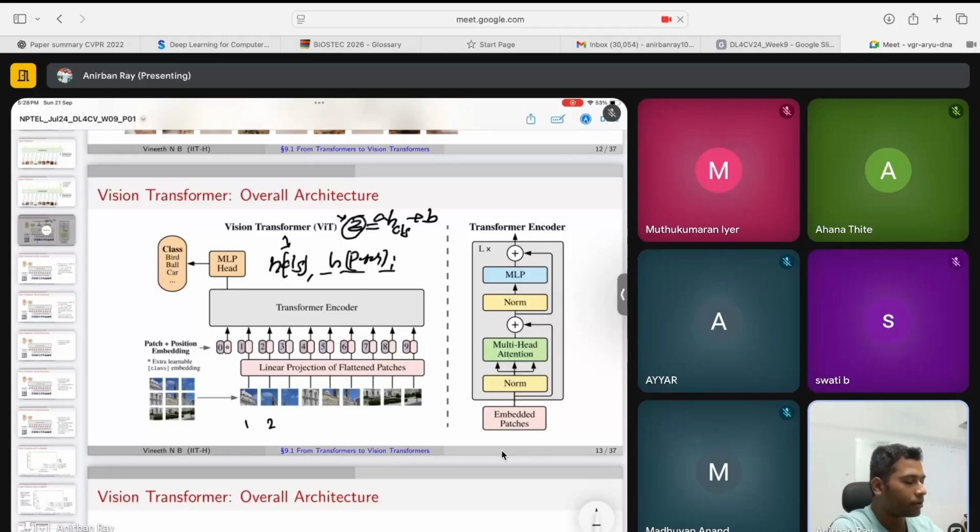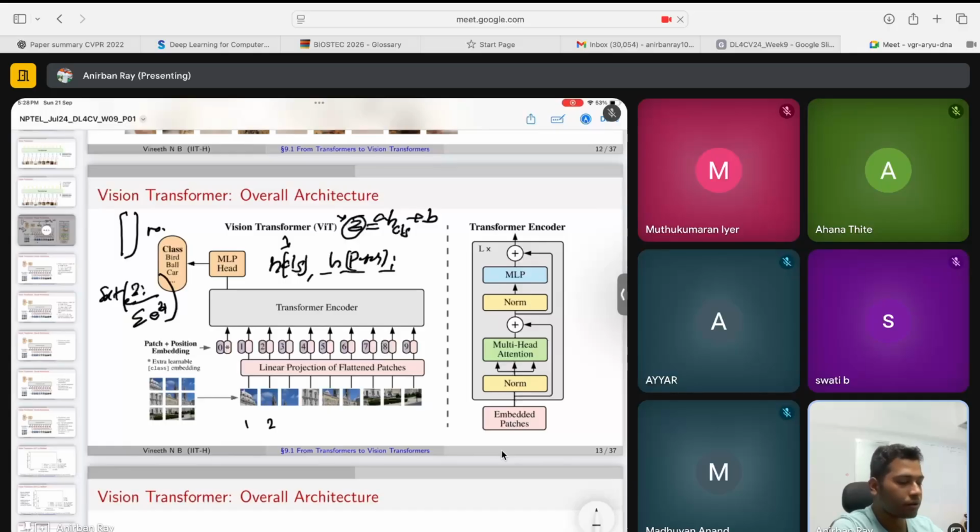From Z we calculate the softmax. The dimension of Z is the number of classes. So you calculate the softmax, which is e to the power Z_i divided by the summation of e to the power Z_j.